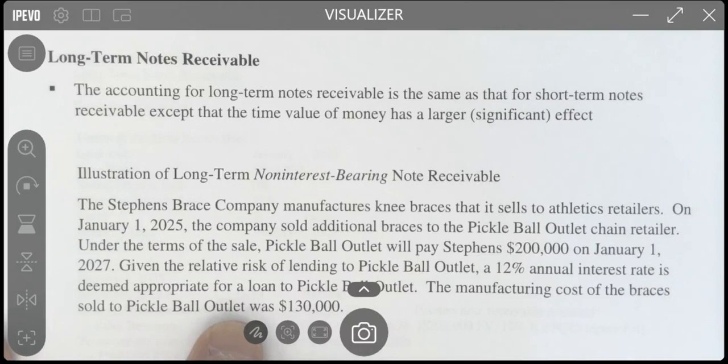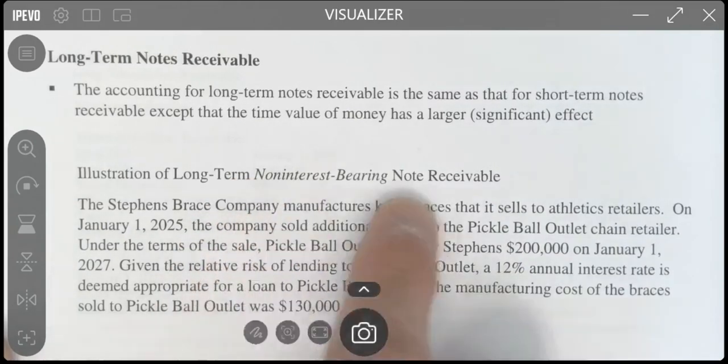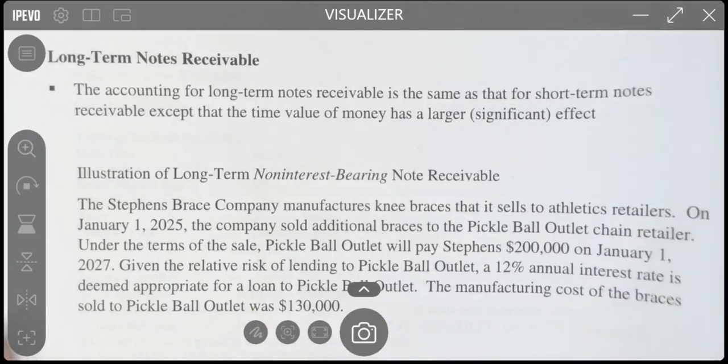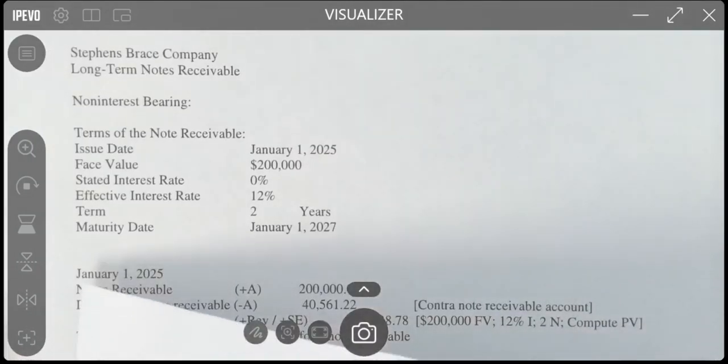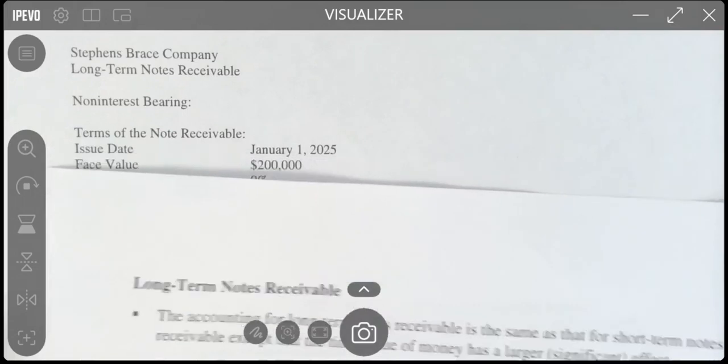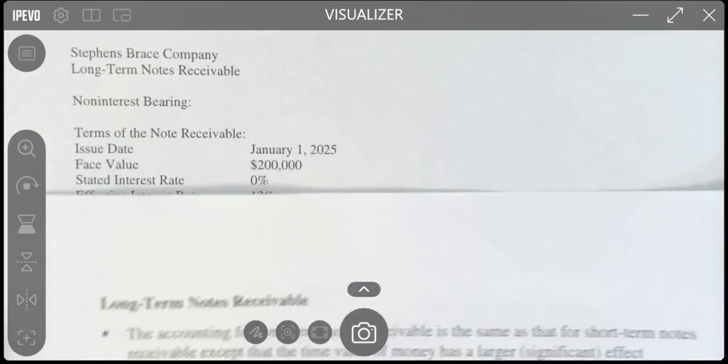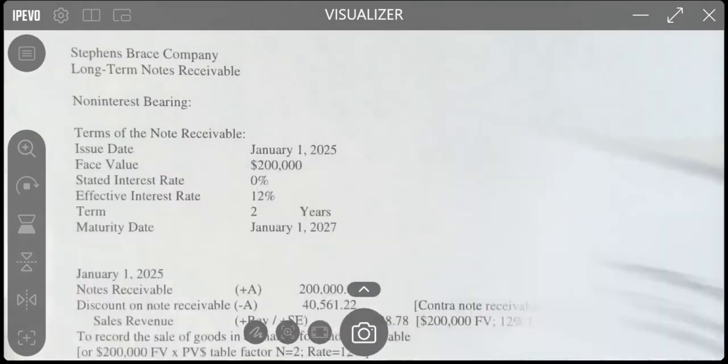So these same facts in this non-interest-bearing note would have looked like this. Oh, and by the way, we did double the amount of the loan to $200,000. So do note that.